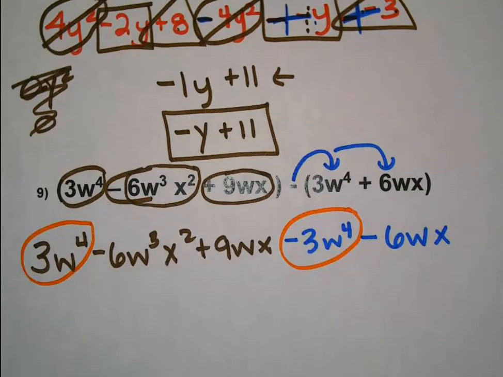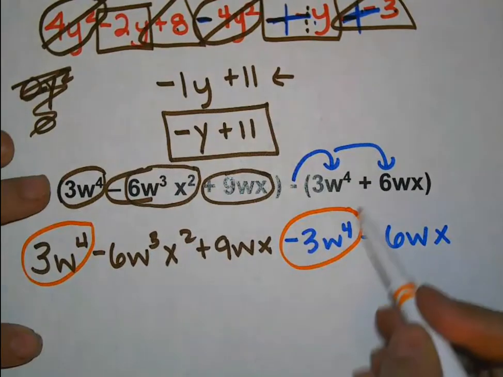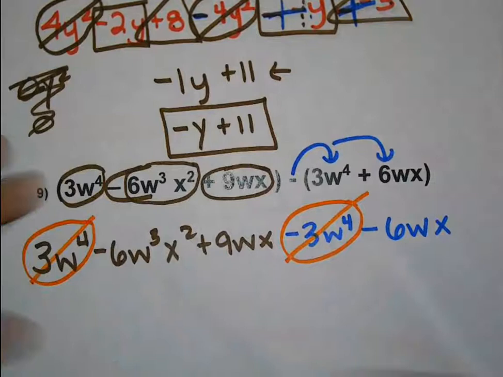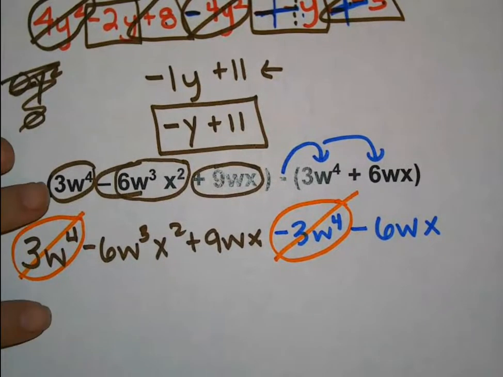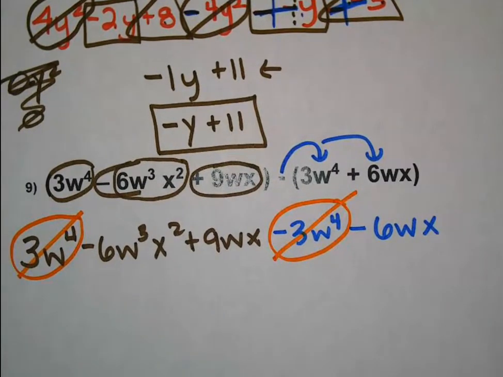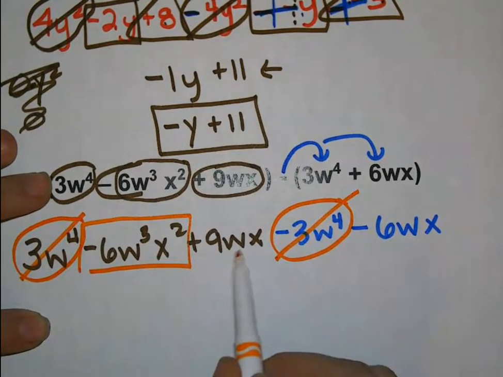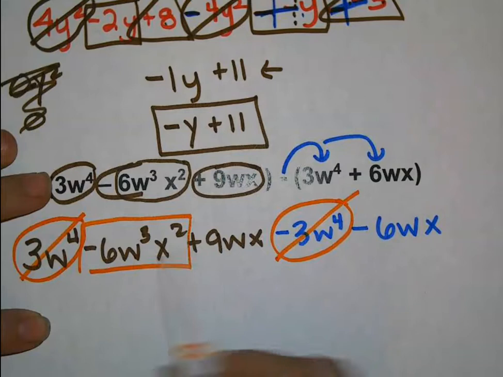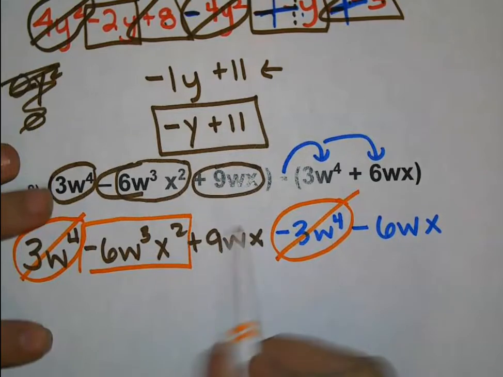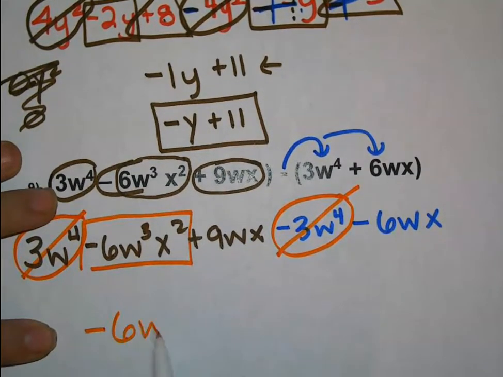So we're going to combine those together. And that would make 0w to the fourth. So just cross those out. We don't need to write 0. And then here, this one doesn't match this. This has a w, this has an x, but they don't match the exponents. So I'm going to bring that down.